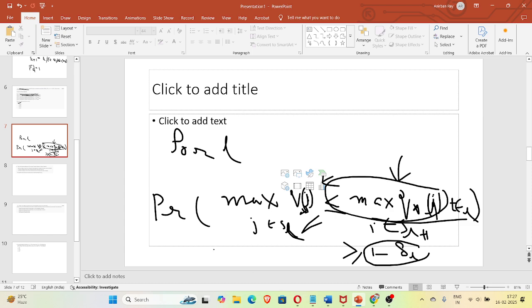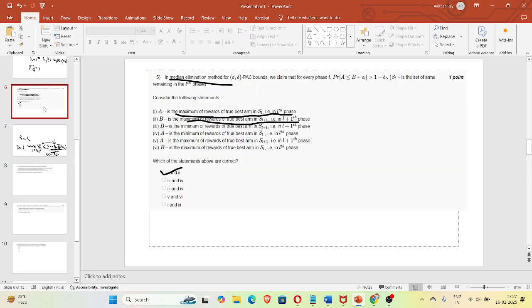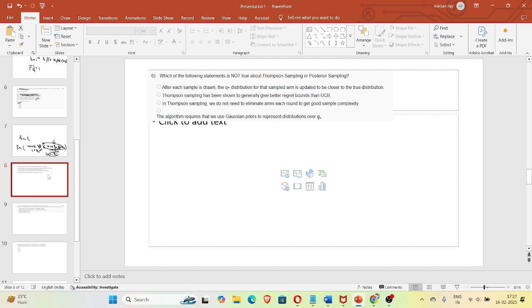Other than that, the other options don't make much sense. A is the Lth one and B is the L plus 1, so that is why it is options 1 and 2.